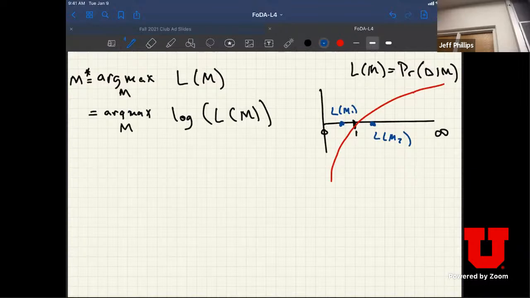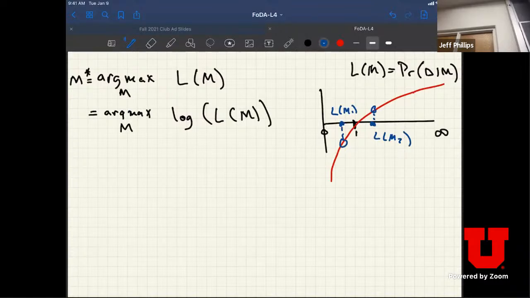if I take the log of that value, I'm going to go up to here. Which one is the bigger log likelihood? That of M2. It's always going to preserve order, it's a monotonic function. So if the likelihood is bigger, the log likelihood will also be bigger.